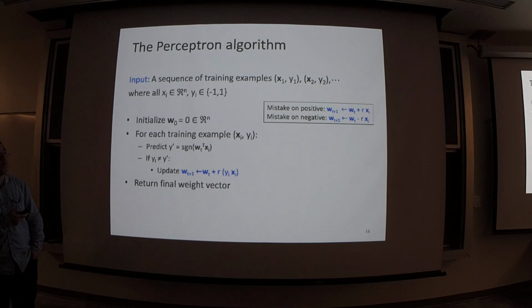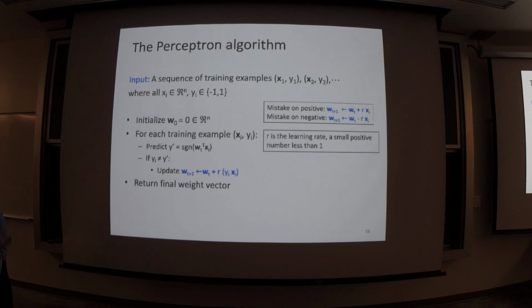Why, under different types of mistakes, does updating our weight vector in this way and in this way improve our model or even correct our mistake? This is something we should be clear about. Again, R is the learning rate, a small positive number less than 1, but for our subsequent analysis, I'm going to simply set R to be 1.